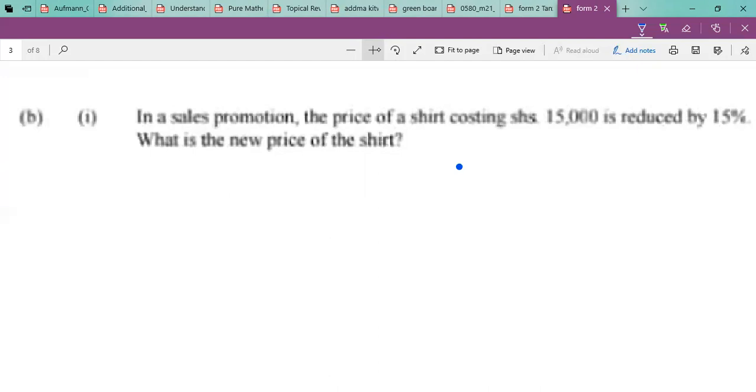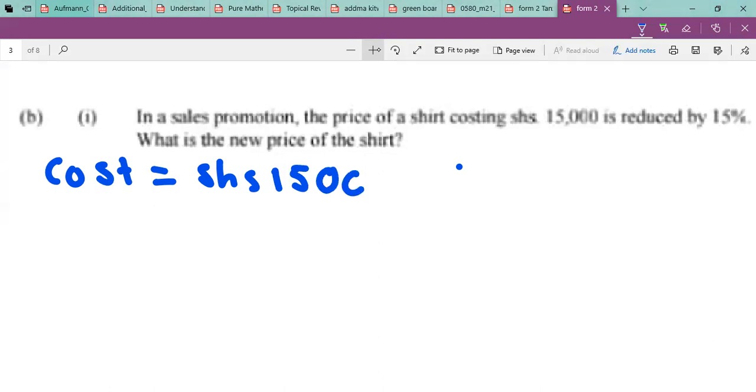What is the new price? The shirt costs 15 shillings, but it is reduced by 15%. What is the cost of the new price?